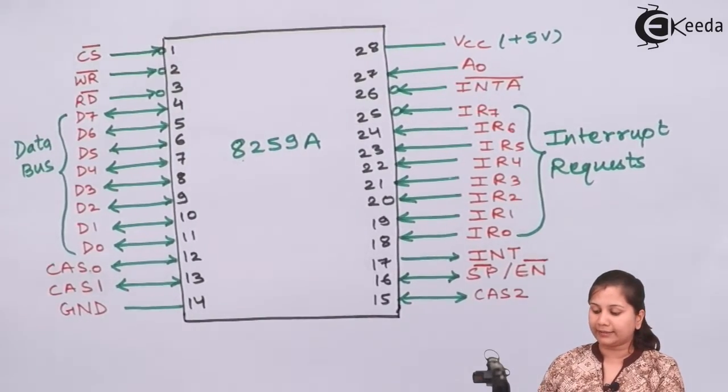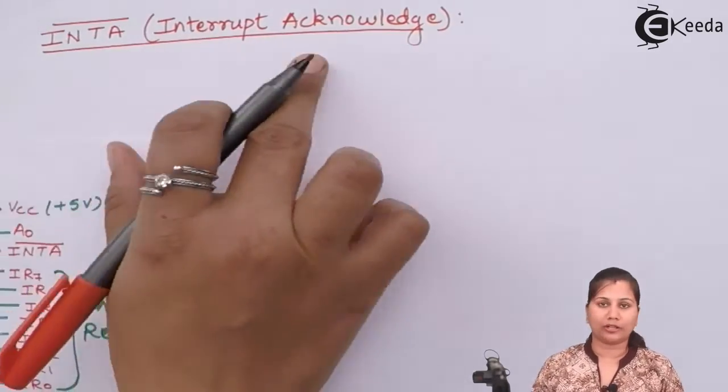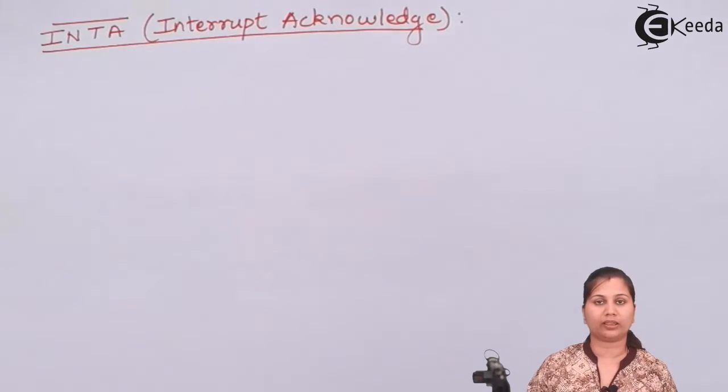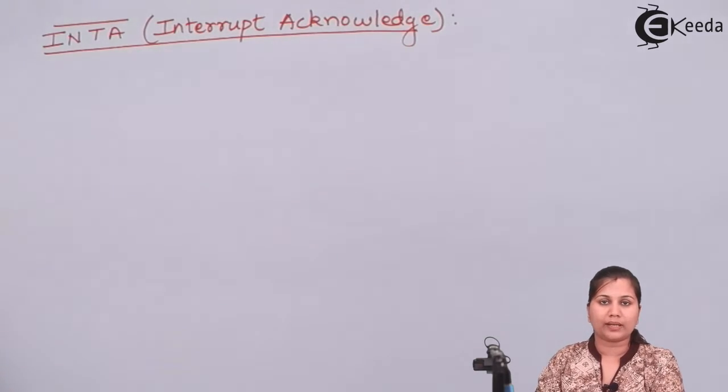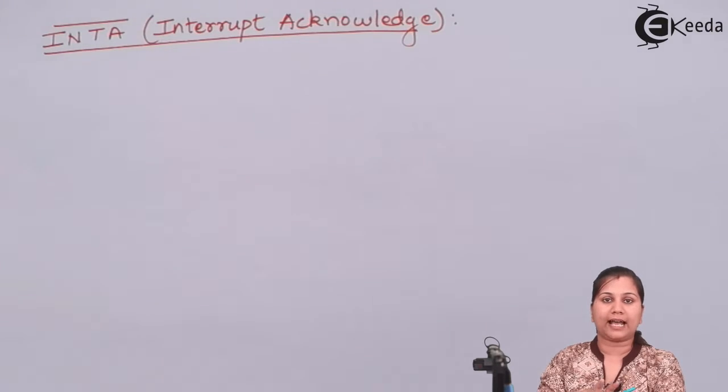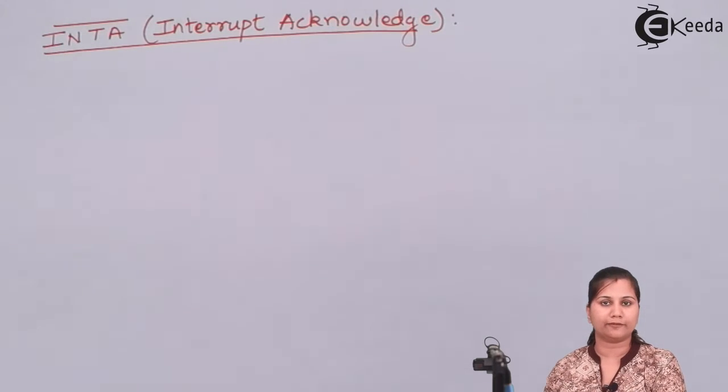It is an acknowledgement signal associated with the interrupt request. Whenever the 8259 interrupts the CPU, in response the CPU generates this signal to say that it has accepted the request, and now it is going to execute the service routine related to that interrupt.